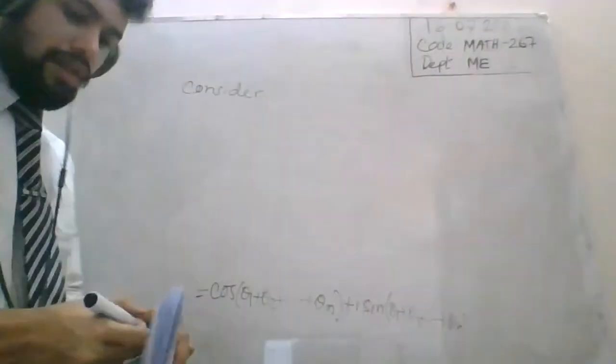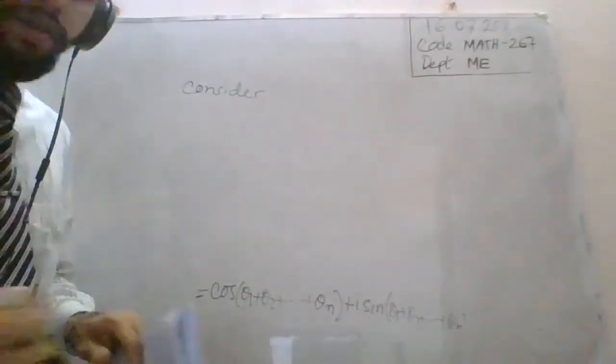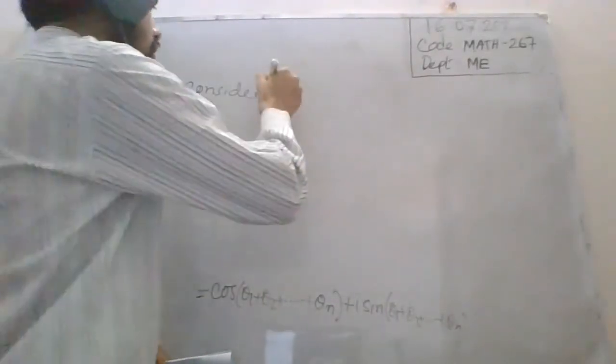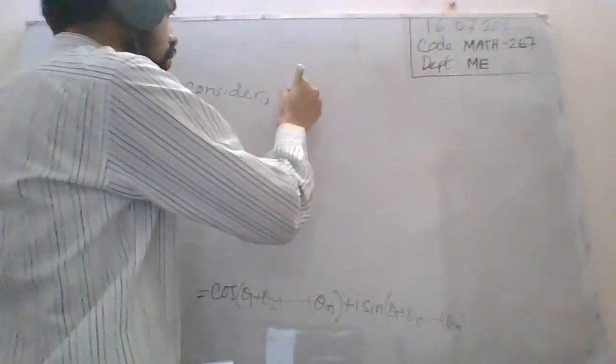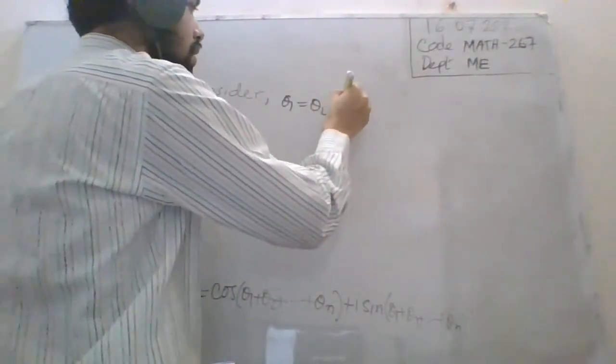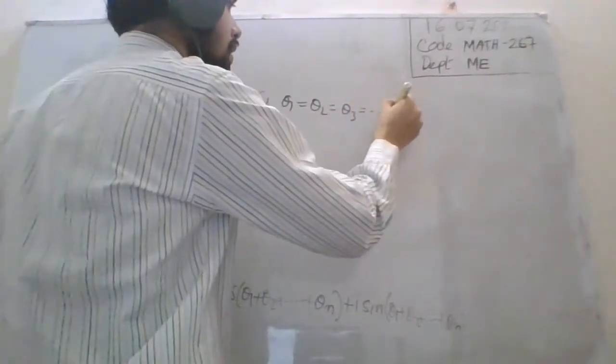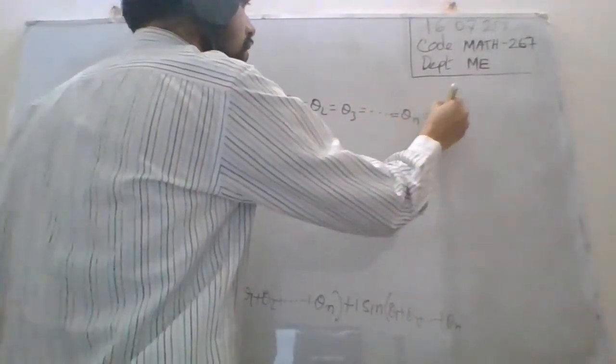Now consider theta 1 equal to theta 2 equal to theta 3 equal to theta n equal to theta.